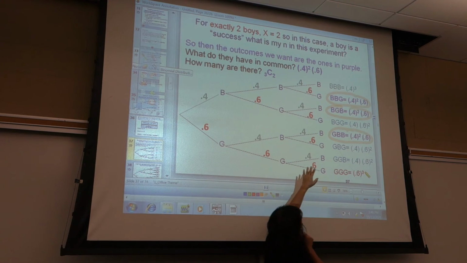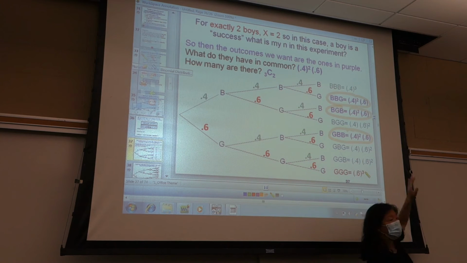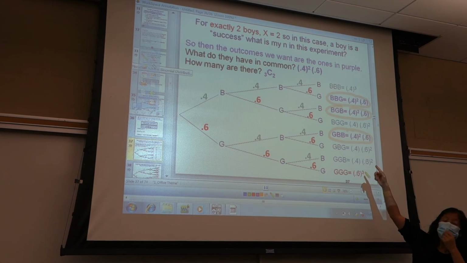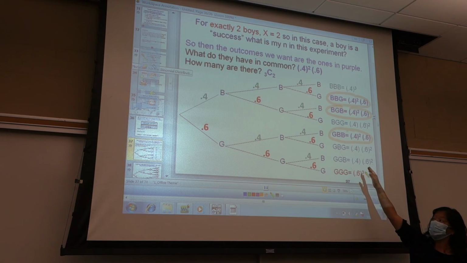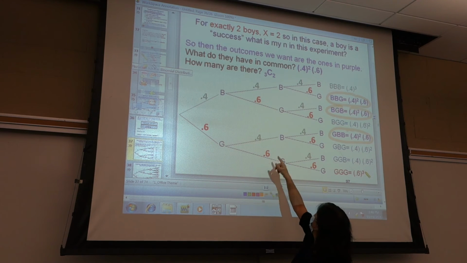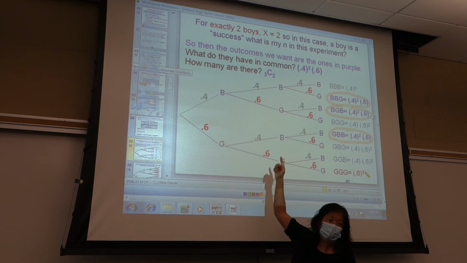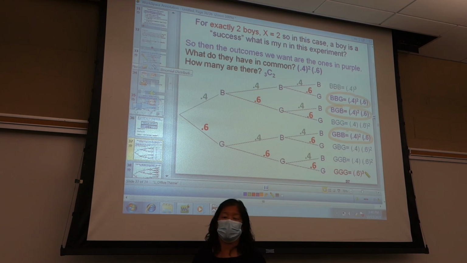What do they have in common? Look at their probabilities. What do they have in common? They all have 0.4 being multiplied twice and 0.6 being multiplied once. Does everyone see that? Because as you go down the tree to get there, you're going to have two B's and one G. Every B is a 0.4 probability.